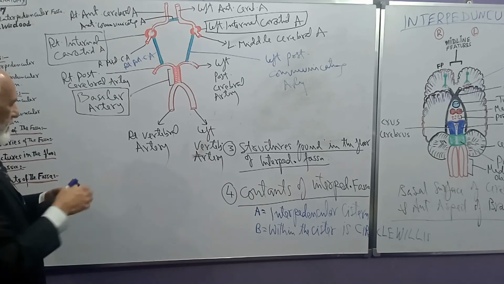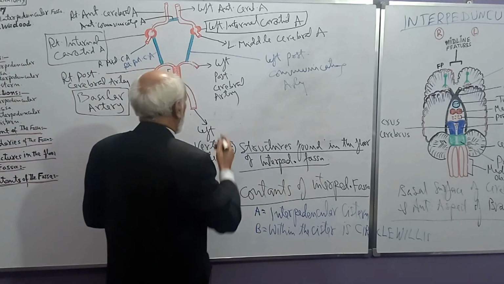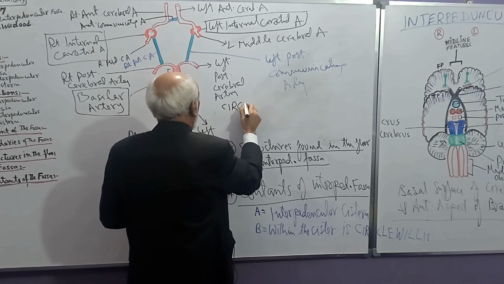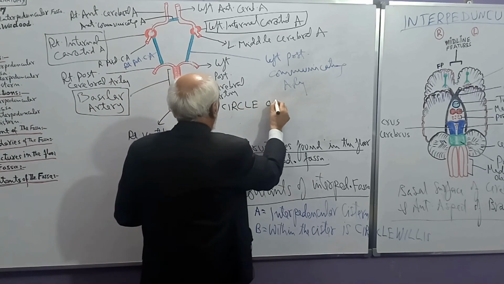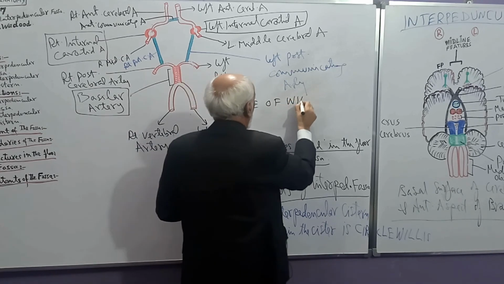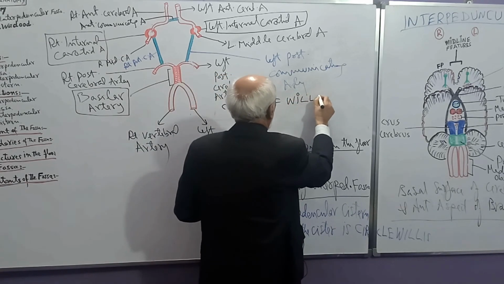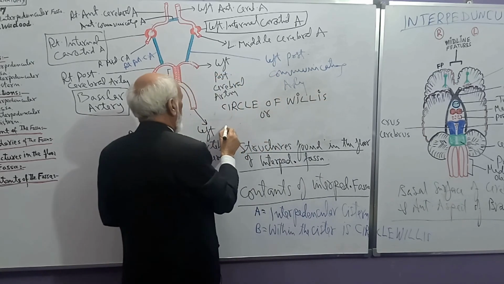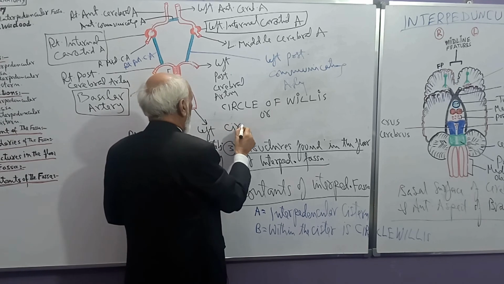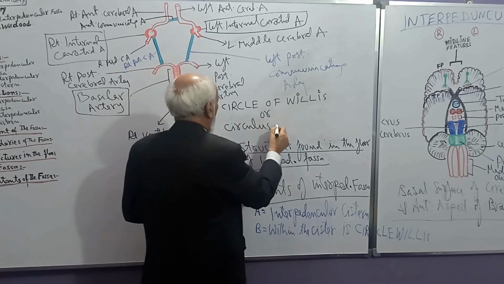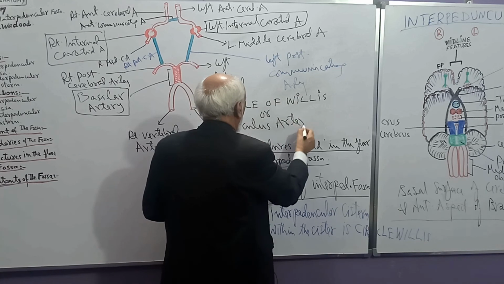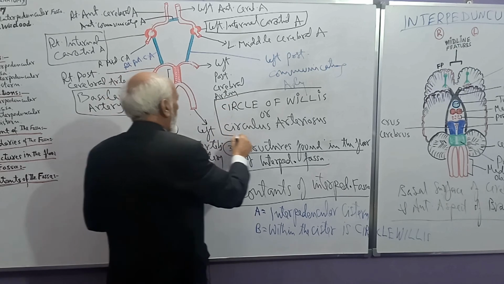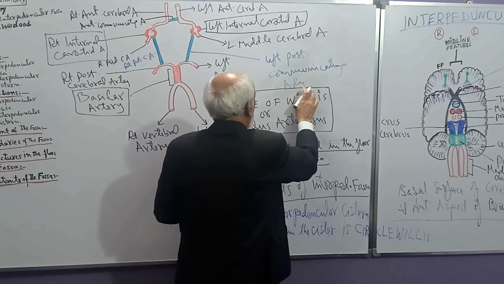This arterial circle is known as the circle of Willis, or circulus arteriosus.